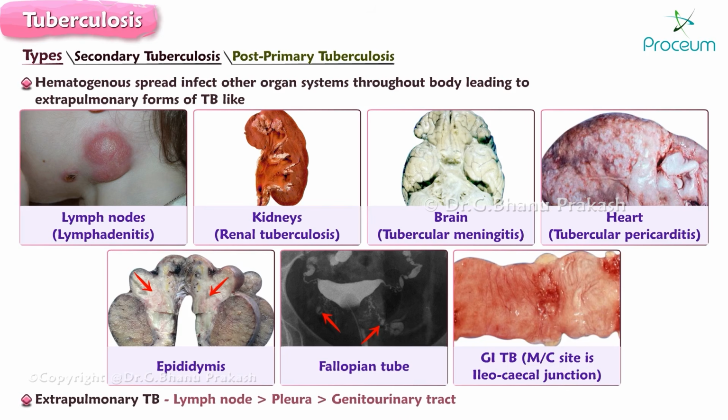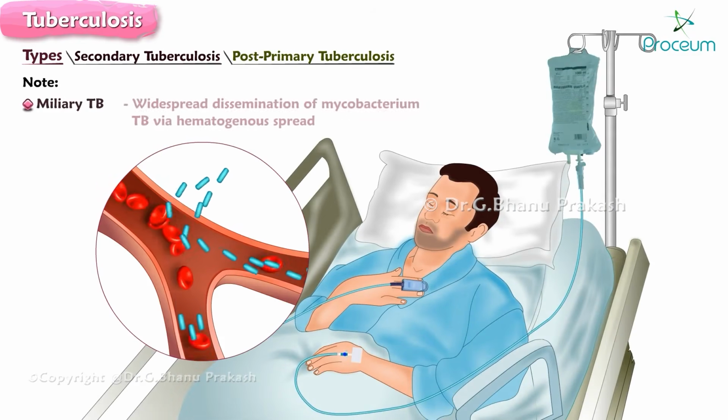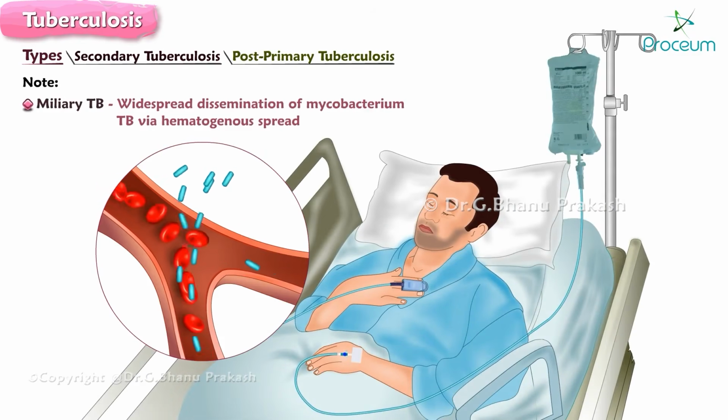Lymph node is greater than pleura, and pleura is greater than genitourinary tract. Note: miliary tuberculosis is the widespread dissemination of Mycobacterium tuberculosis via hematogenous spread, that is, by blood.